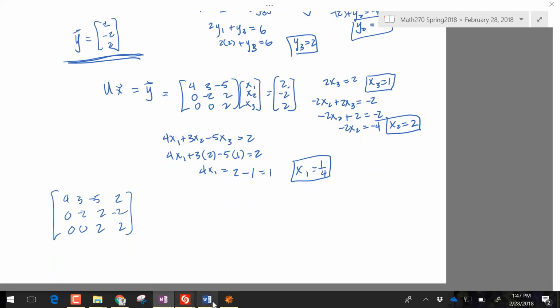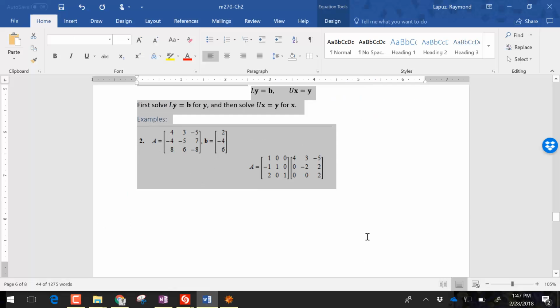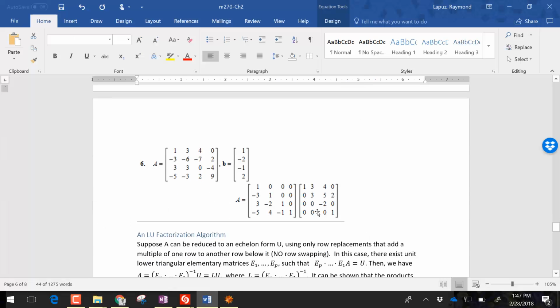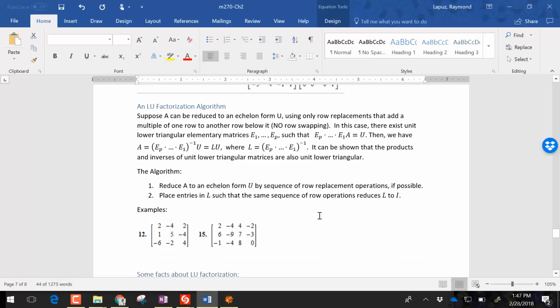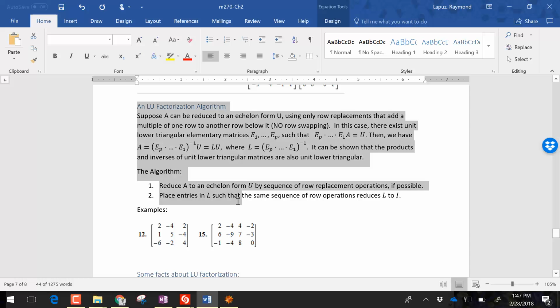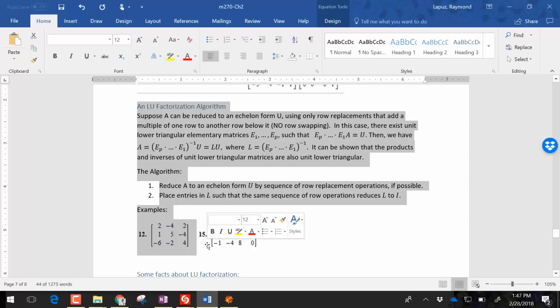All right, that's your example. Oh, here's the algorithm that we were working on. Let's try to do another LU factorization.